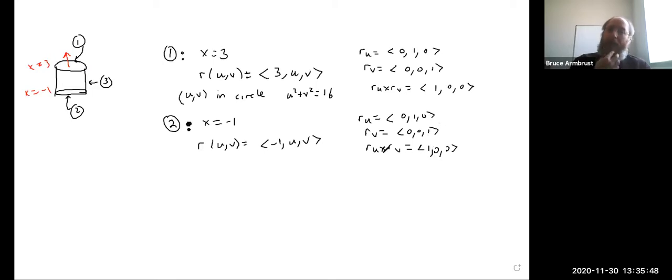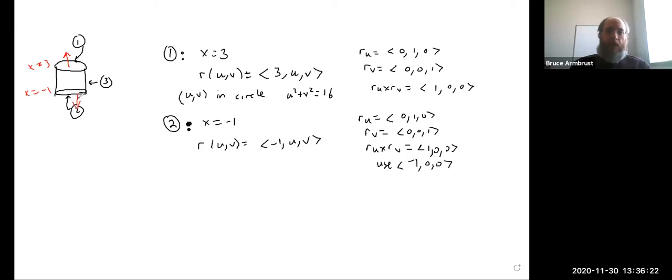However, we're not going to use 1, 0, 0. What vector are we going to need to use? We're actually going to use -1, 0, 0, because that one is now pointing down.